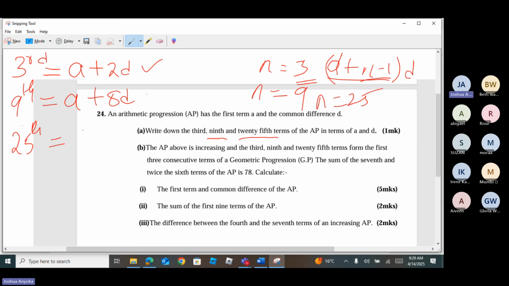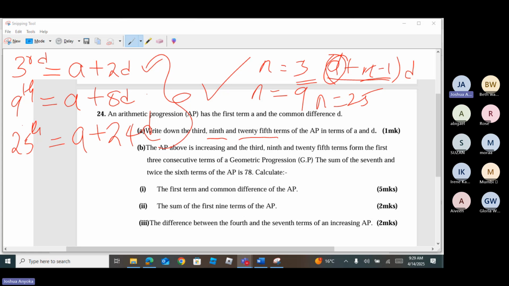So that is A plus n minus 1, 25 minus 1, 24D. You have the three terms. Are we together? All right. So we are done with part A, and we have 1 mark.